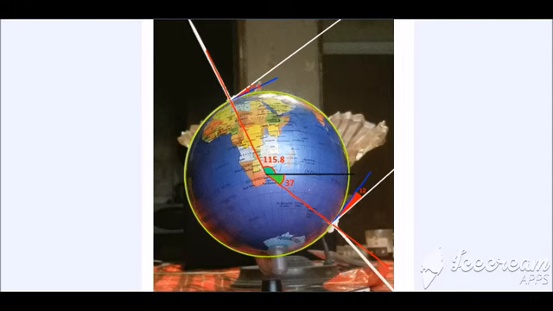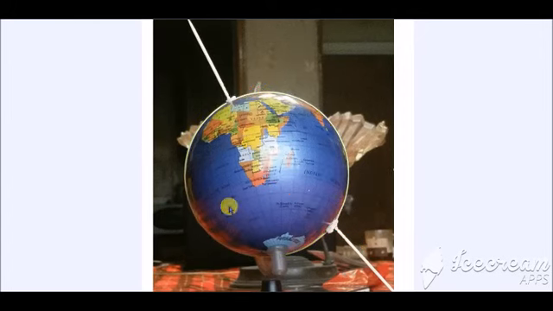And just to make things clear, this was a great circle. As you can see, I put a rubber band around my globe. It's exactly in the middle, so it's a great circle. And there's a video here that I will play.